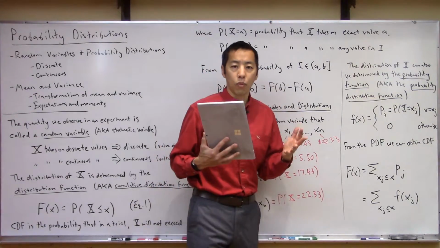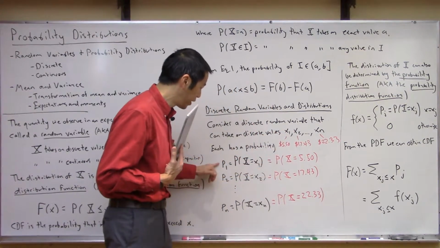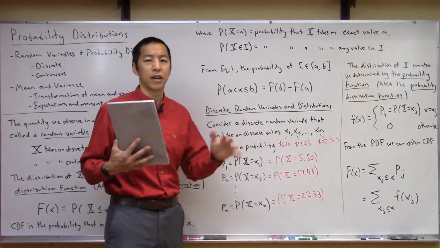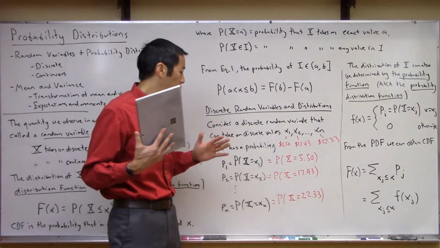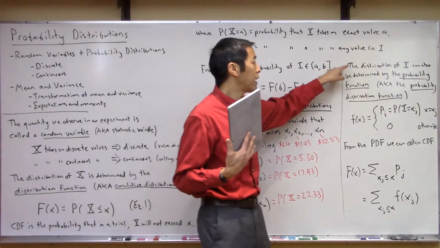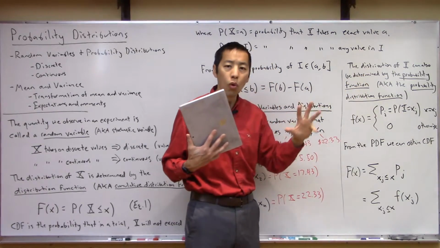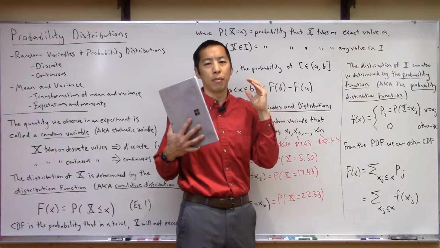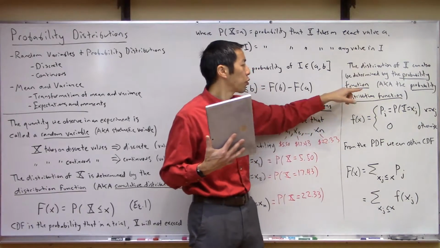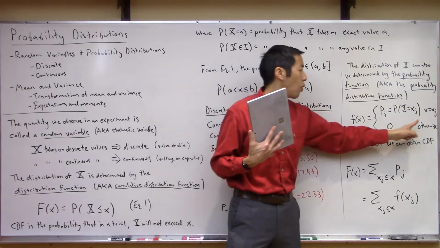Now, besides looking at the cumulative distribution function, we could look at each of these individual probabilities and say, if I know these p1, p2, pn, that's another way to describe the distribution of this random variable X. So we can say that that distribution is also determined by what's referred to as the probability function, or what I think you'll see more commonly, and a moniker that I like better, the probability distribution function, or the PDF.